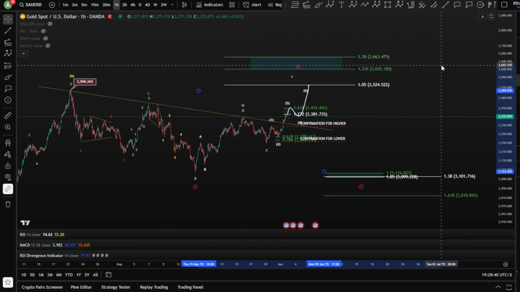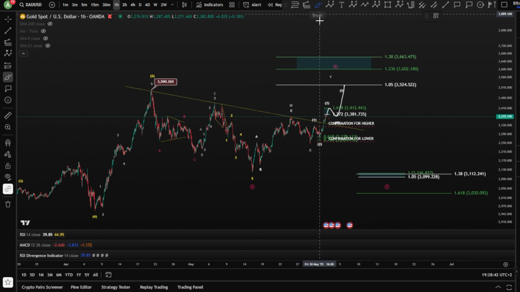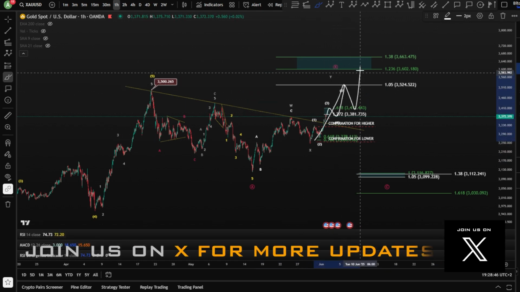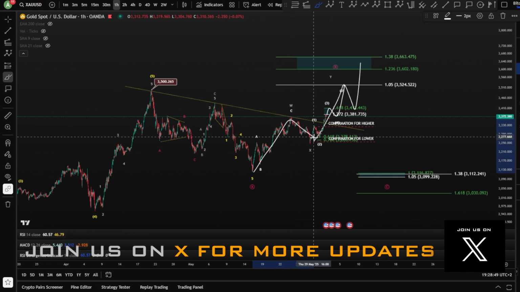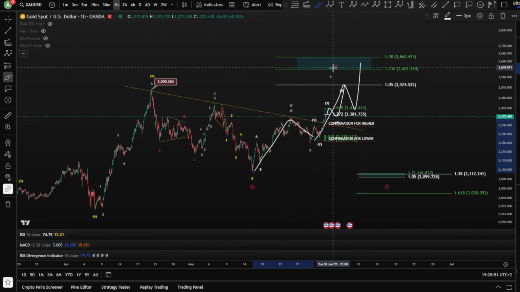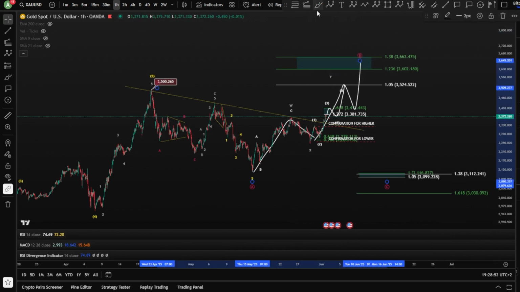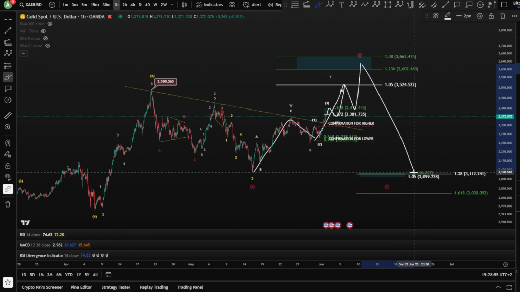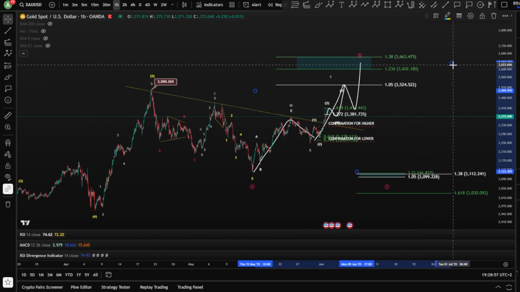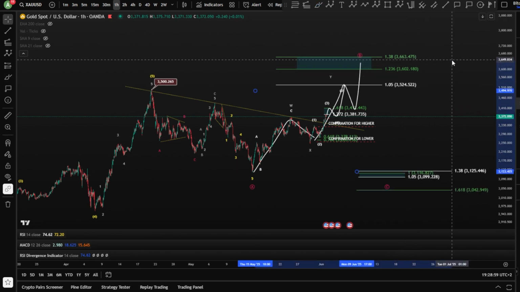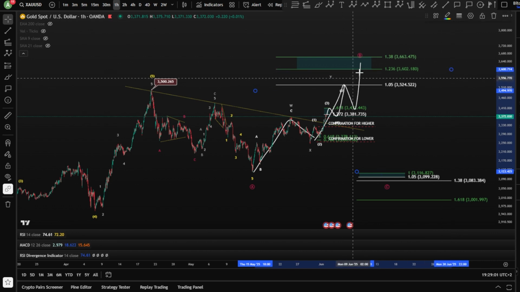Of course, if we take the blue zone, which is higher, in this case scenario you would like to see a zigzag, A, B, and a C for a wave Y, W, X, and a Y in a zigzag, taking the wave B in this blue box, and then dropping towards the downside again. Here the target might be a little bit higher. It depends where we land as a stop.